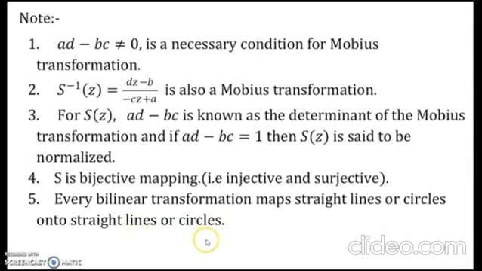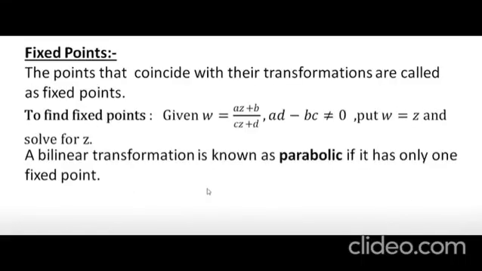Before we move on with bilinear transformation, we must know what a fixed point is. The points that coincide with their image under the transformation are called fixed points.